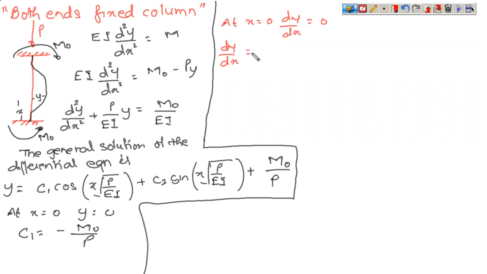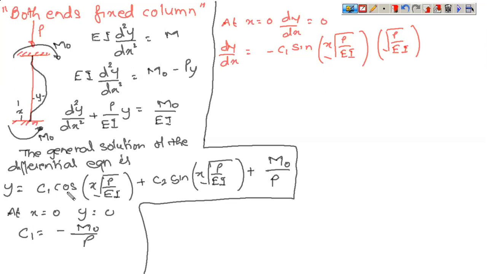If you calculate dy by dx, you have minus C1 sin x under root P by EI into the bracket, again under root P by EI. So here you are differentiating this term.